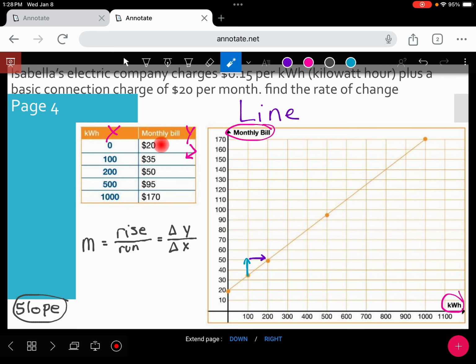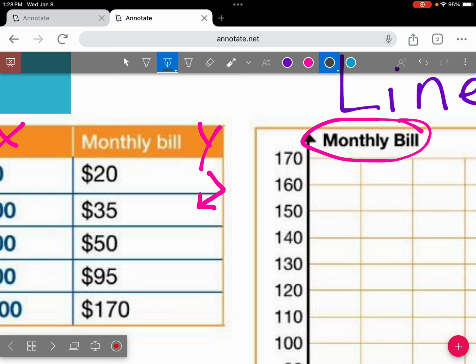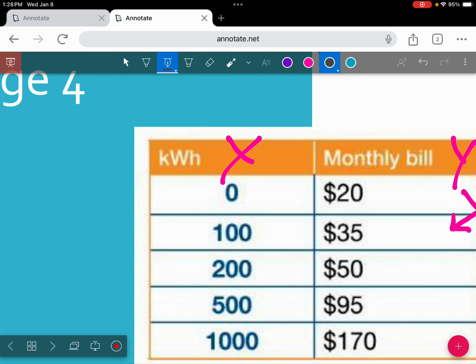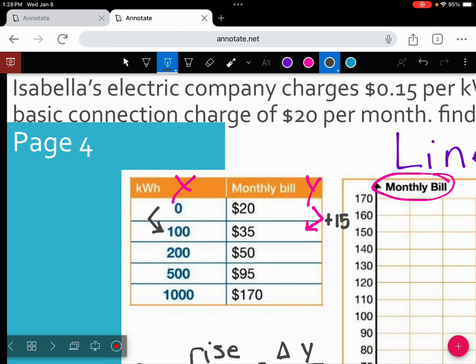So what has happened to 20 to get it to be 35 here? What did we do? What about 15? We went up 15. We added 15. All right, what happened to my x's?